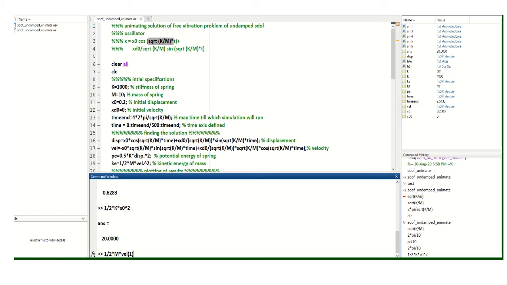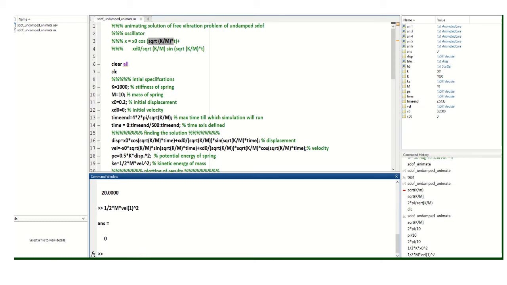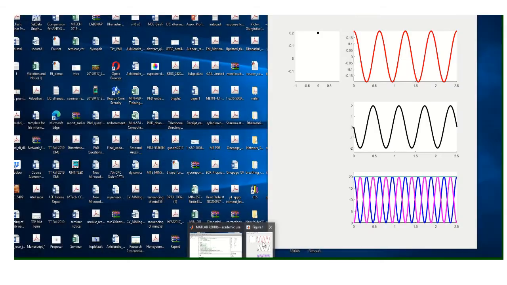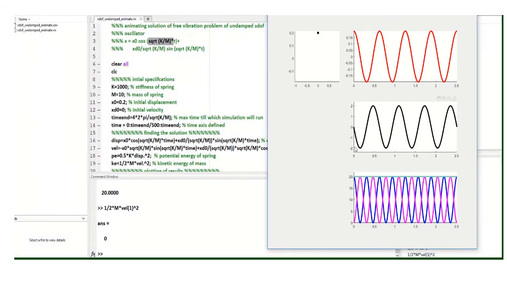We already gave it, but I am also calculating that velocity for the next time steps. It is the square of this quantity, so it should be 0, because velocity itself is 0, since dx/dt at 0 is 0.